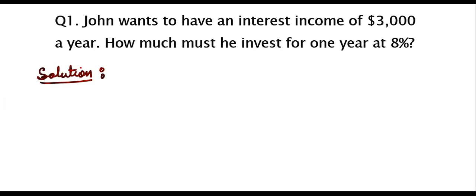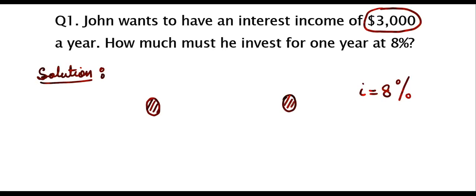This is the question. So now if you draw a number line, the interest income of 3,000 is the extra amount he wants to have. How much does he need to deposit, invest for 1 year at 8%? So I is given, 8%, and the extra amount is given.